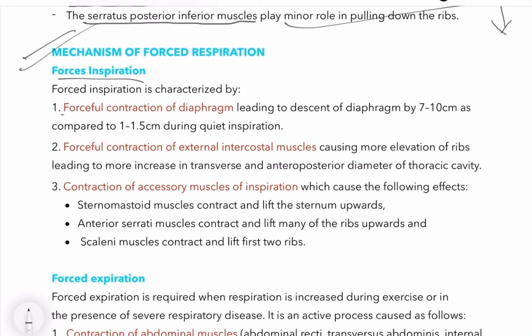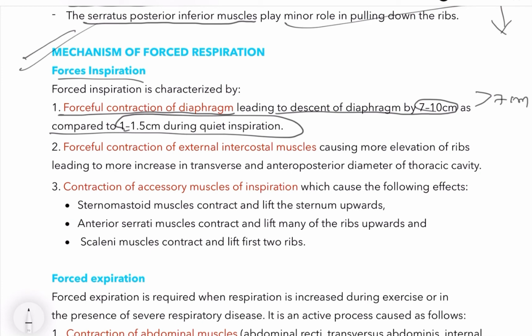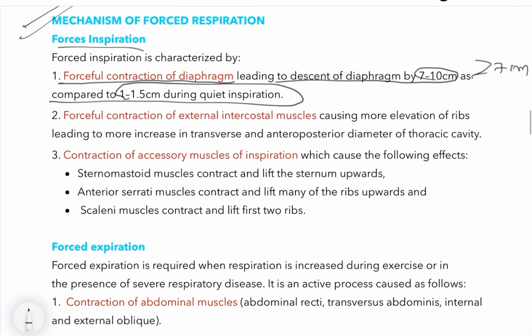Now forceful contraction we have seen. When there is forceful contraction of the diaphragm, the descent of the diaphragm is about 7 to 10 centimeter compared to normal. In quiet breathing it is 1 to 1.5 centimeter, but in forceful it leads to 7 to 10 centimeter, but generally it is up to 7 centimeter.